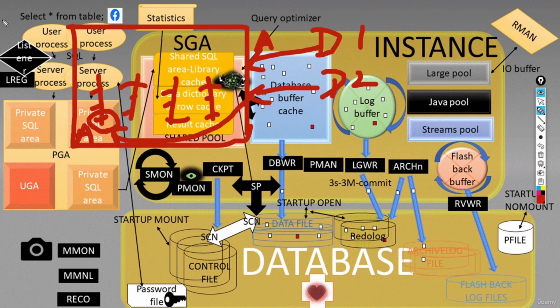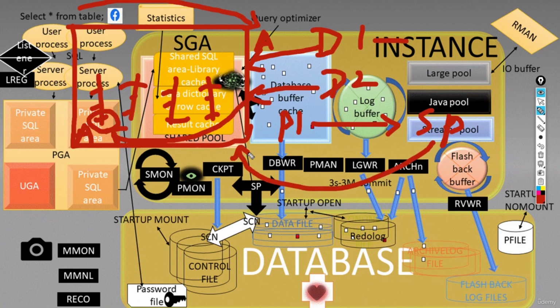Consider that this SQL statement is the book, and the person is the server process. Here the server process will search inside the shared pool, inside the library cache, for the SQL statement information like hash value, plan hash value and SQL ID.